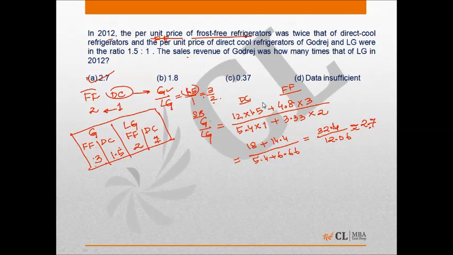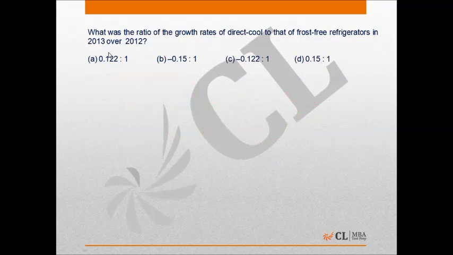Let's look at the next question. What was the ratio of the growth rates of direct cool to that of frost-free refrigerators in 2013 over 2012? So let's do one thing. Let's start calculating growth rate of direct cool. So what is the growth rate of direct cool?